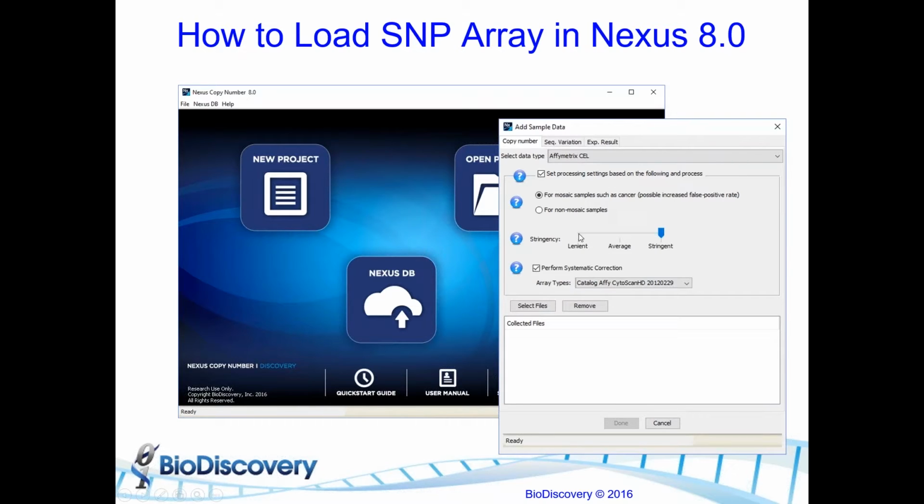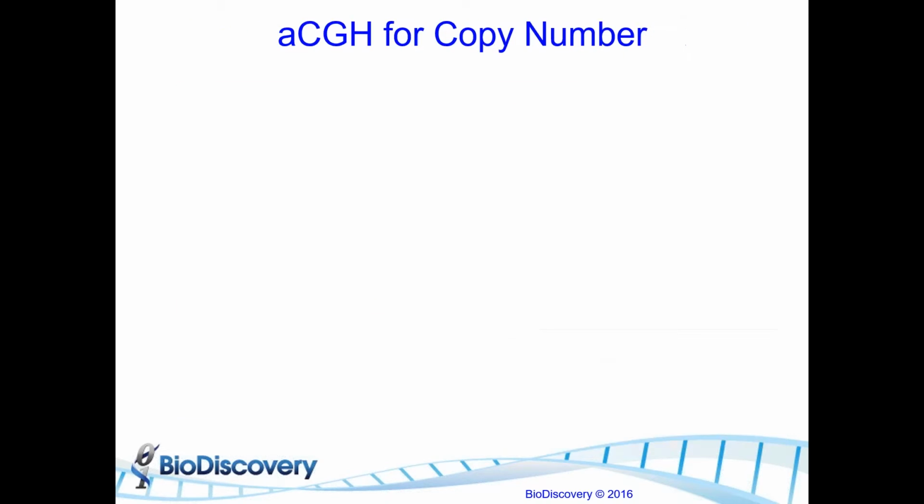Typically, when we're using the defaults, we want to slide everything over to stringent to begin with, as this typically yields the best results. And then we're going to check perform systematic correction and select our specific array from the drop-down box. And then we'll load in our file for our results. And this is going to be the straightforward method for loading any SNP array.